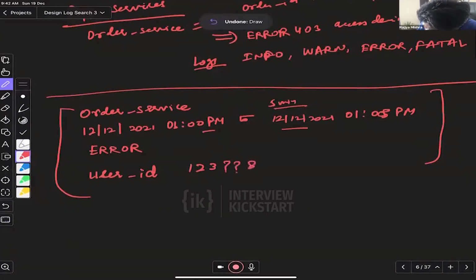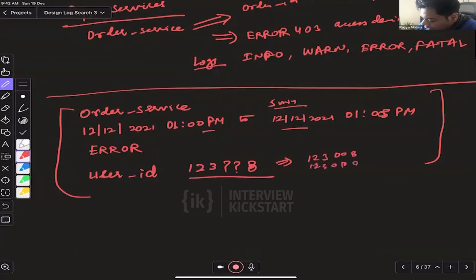So now it could be 123 0088, 123 018. So even regular expressions are a fair game in these log search applications.